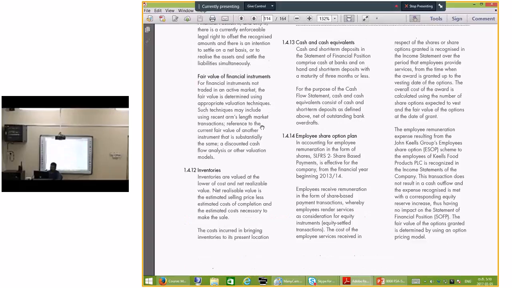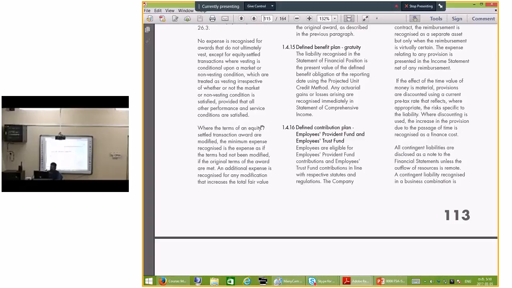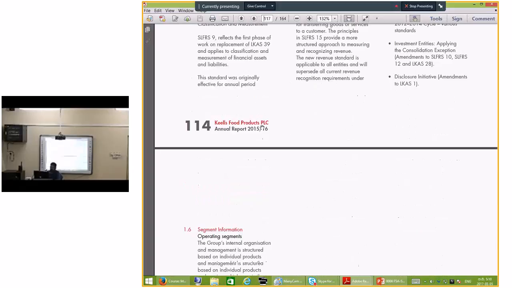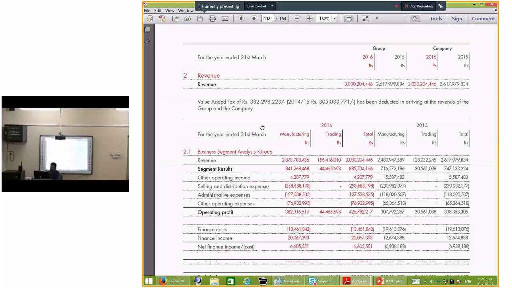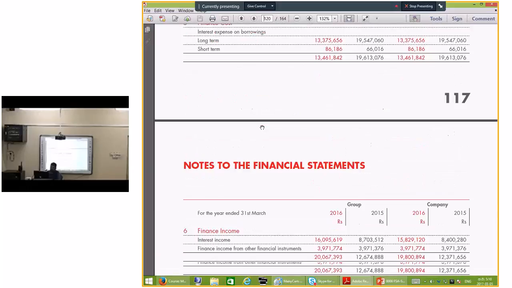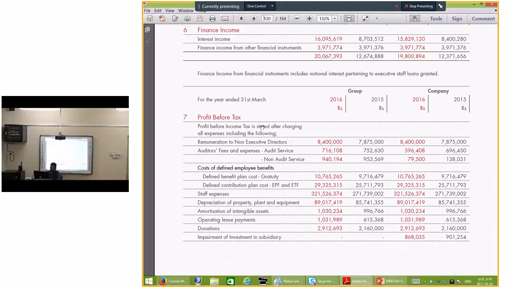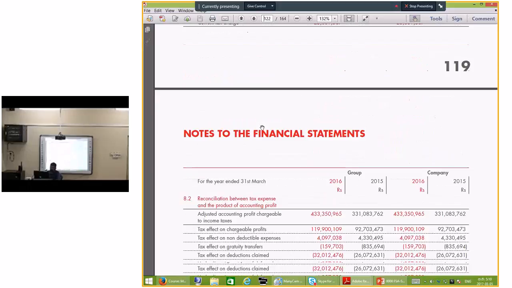Now 94 to 114, just 16, approximately 20 or 30 pages out of 164, less than 50%, right?